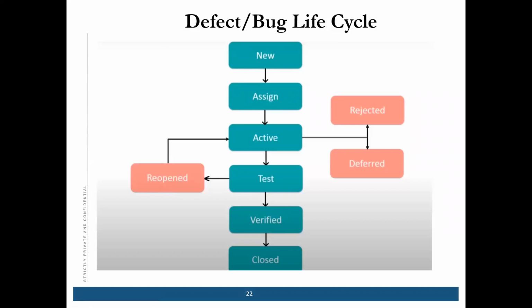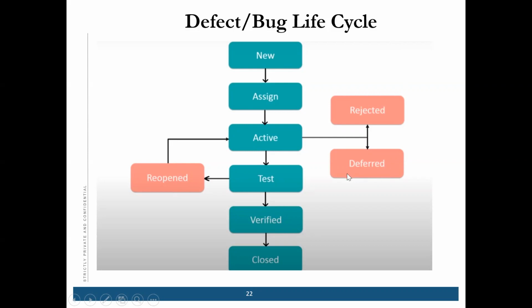It depends on the organization whether you are able to assign the defect or some lead will assign it. Now, the assigned person will make it active, whether it is an active bug, a rejected bug, or a deferred bug.